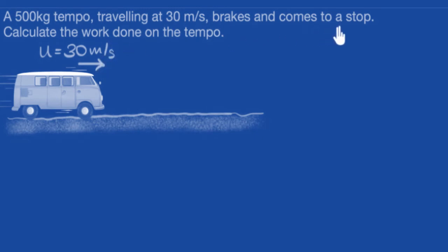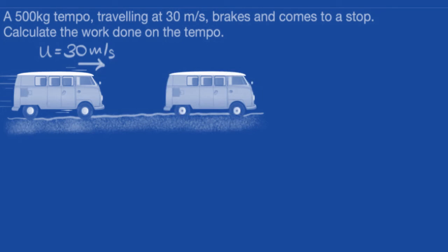It brakes and comes to a stop, so after it comes to a stop, the final velocity is 0. We need to calculate the work done on the tempo, and we are given the mass of the tempo. The mass given is 500 kilograms.